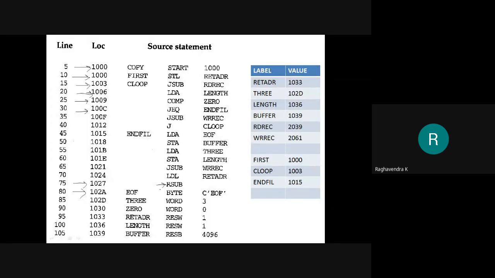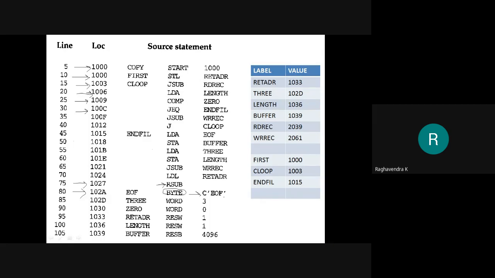Now BYTE is there. Correct? Now I said that BYTE will reserve 1 byte, or however many bytes the constant actually requires. Now here we have declared a constant, a character constant. So EOF. How many characters are there? 3 characters are there.